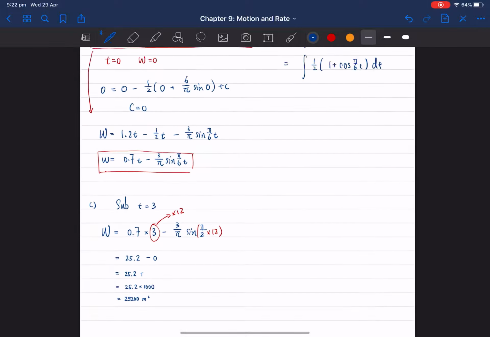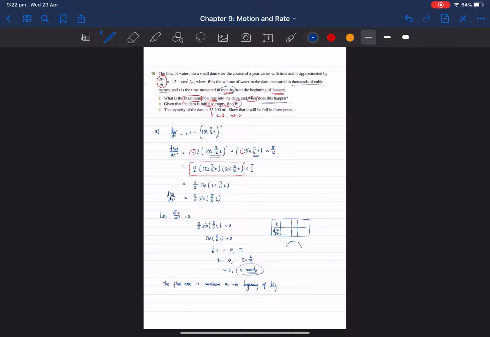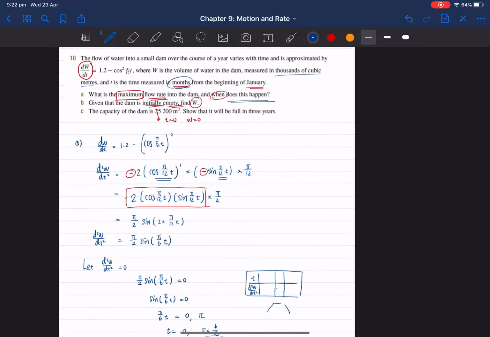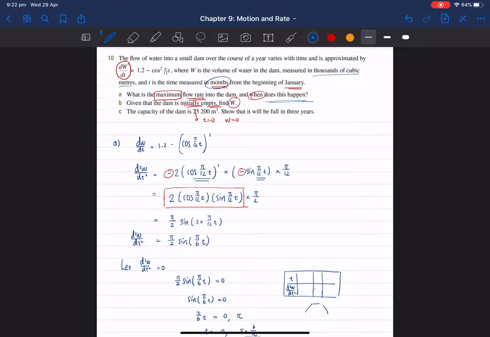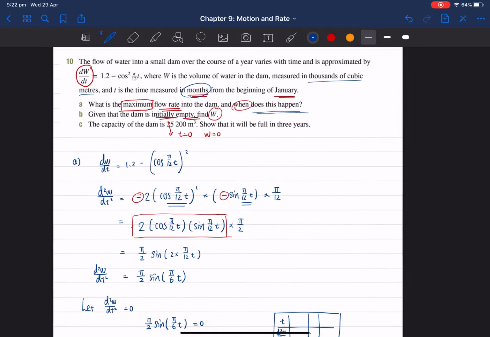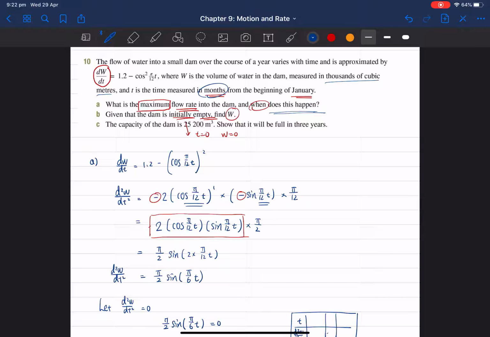Finally, we've just finished that question. Now, I think there is one little problem with this question. The question says the capacity of the dam is 25,200 cubic meters, but the answer we get is 25.2, so I'm assuming that's 25.2 tons.